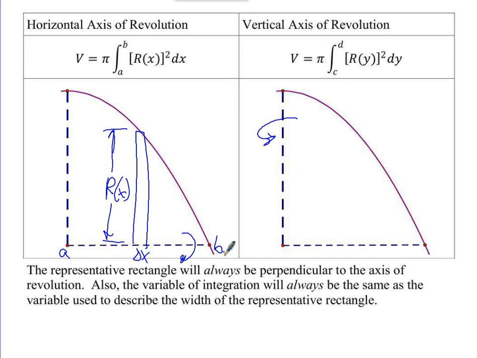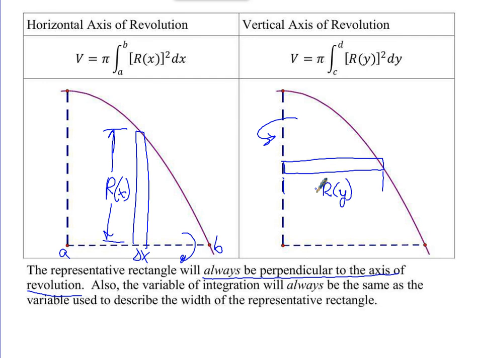With a vertical axis of revolution, this time my representative rectangle needs to be what? Horizontal. Because if you look at the bottom here, this paragraph, the representative rectangle will always be perpendicular to the axis of revolution for the disk method. In this case, my radius then, r of x, is not r of x anymore.